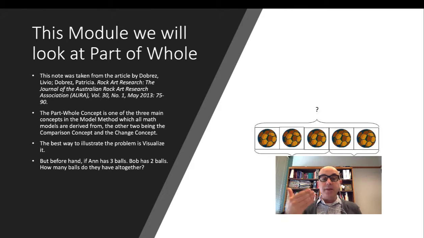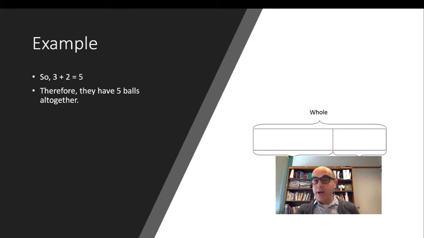So if Anna has 3 balls and Bob has 2 balls, how many balls altogether? Yes, this question can be answered by reading the text, but if we do that in visual, it will help us to capture that quite quickly.